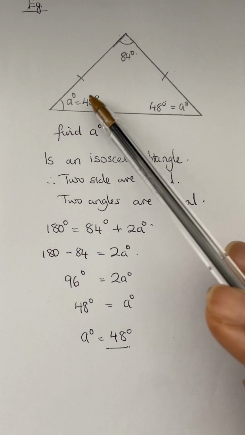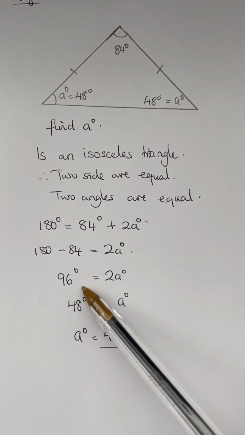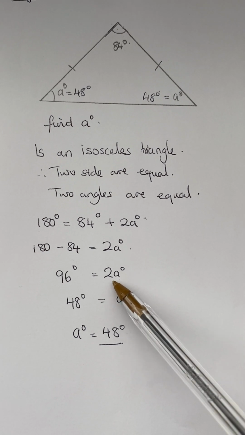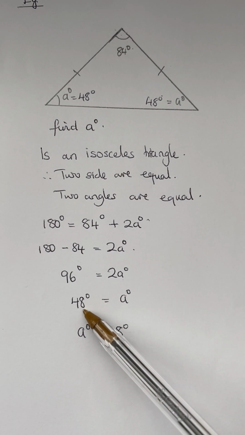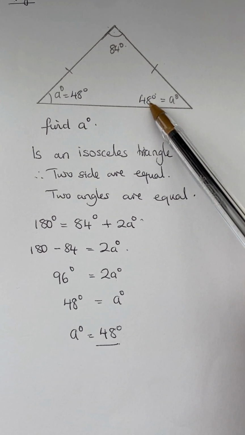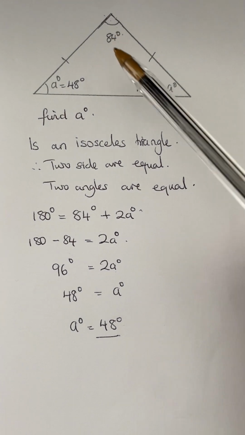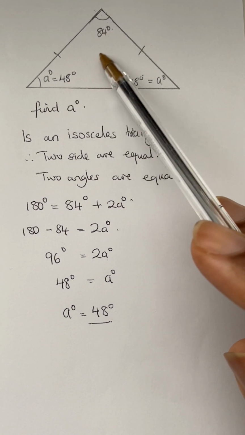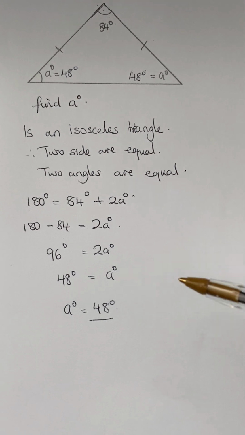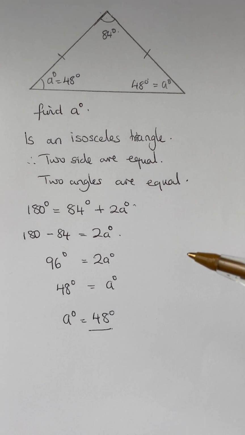If we want to find each angle, we divide by 2. So A degrees is 48. So this is 48, that is 48, and that is 84. If you add the three angles together, you should get 180 degrees.